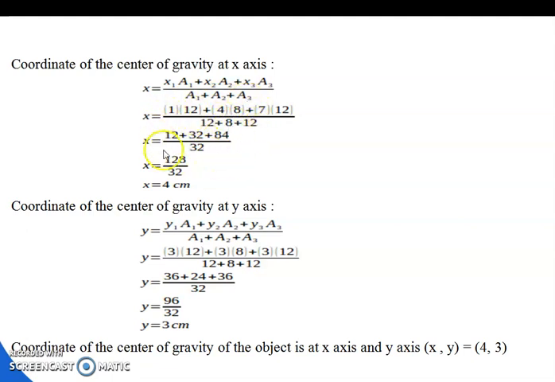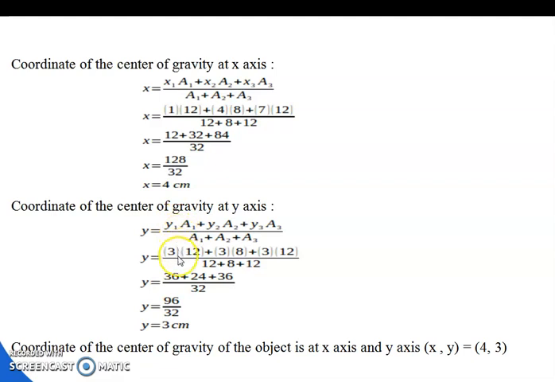By calculating this value, we find that the center of gravity along the x-axis equals 4 cm. Then come to the y-axis, the coordinate of the center of gravity, denoted as ȳ. The formula is (y1 into a1 plus y2 into a2 plus y3 into a3) whole divided by (a1 plus a2 plus a3).